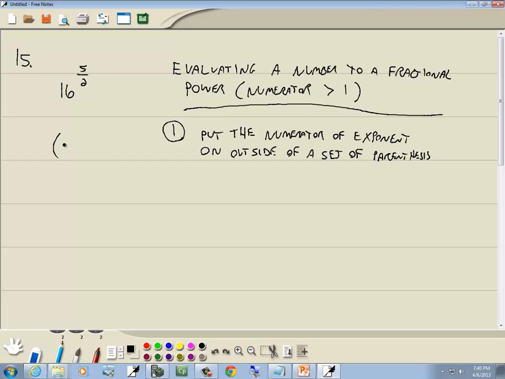So this is going to become 16 to the 1/2 power raised to the 5th power. Now notice I took the numerator, which is 5, and put it on the outside of the set of parentheses. Now where the 5 was in the exponent, I put a 1. Step 2.